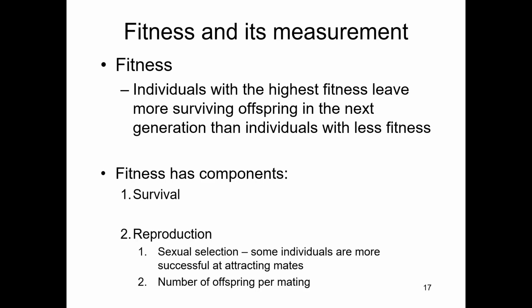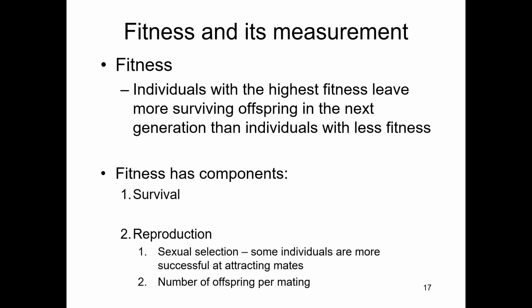A fitness of 0, well, I don't think there is such a thing, but a very low fitness of 0 would be extinction, I guess. But fitness of like 0.1 or something like that might have a very short ability to survive, or have no ability or poor ability to attract a mate, or maybe not have very many offspring per mating, or all of the above.